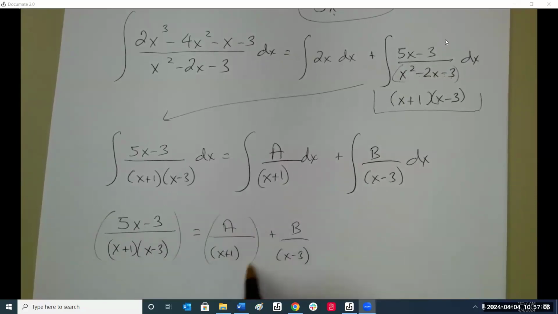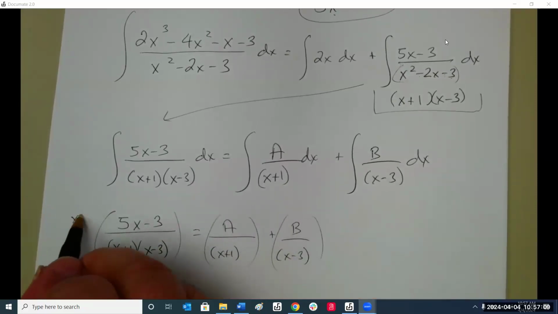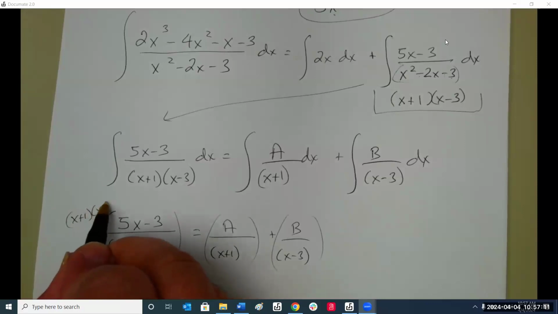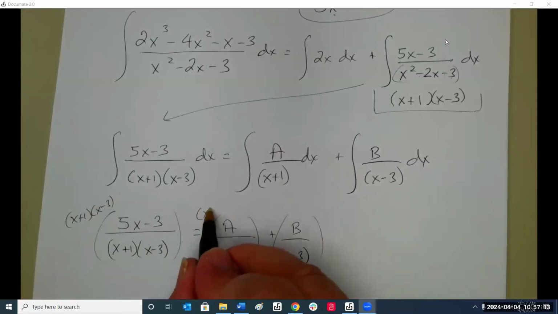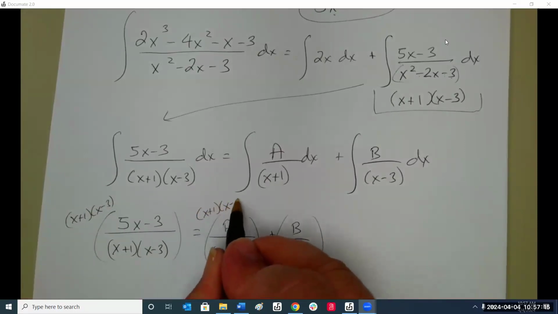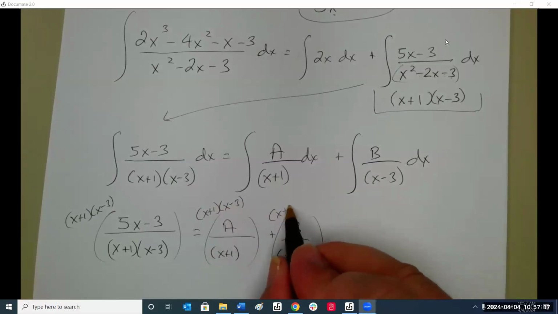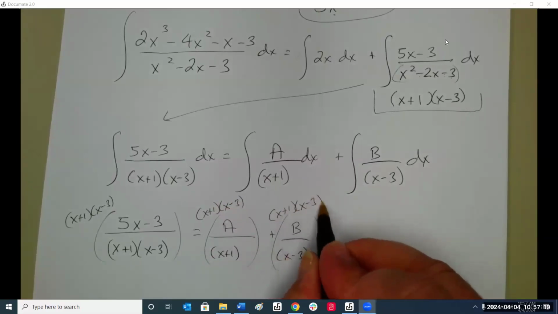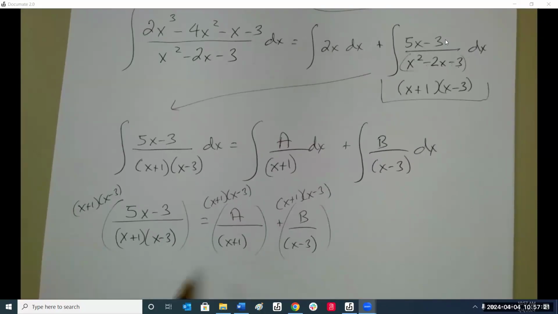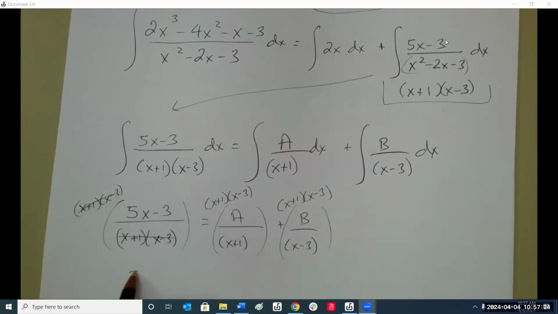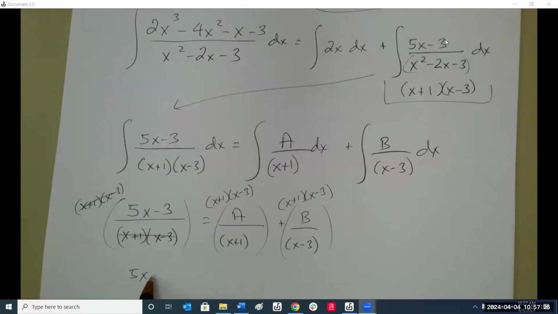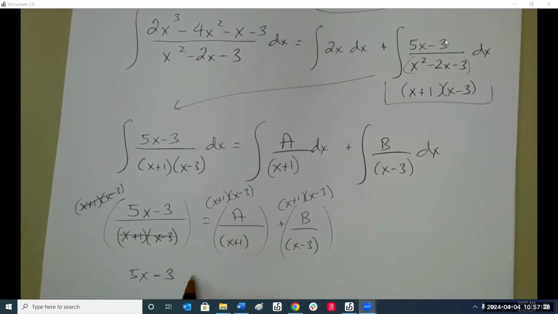Multiply each term by the LCD, which is (x + 1)(x - 3). Simplify. So I get 5x minus 3.